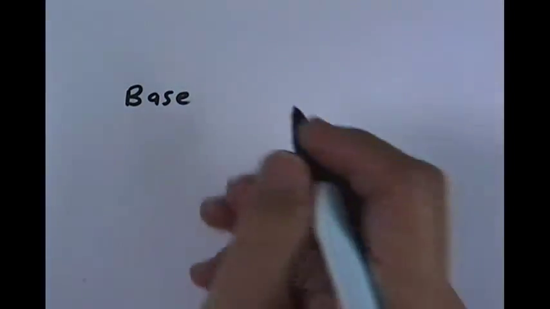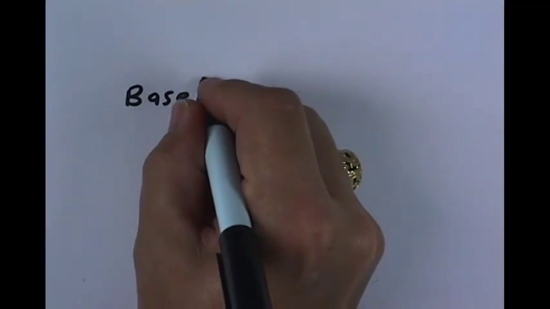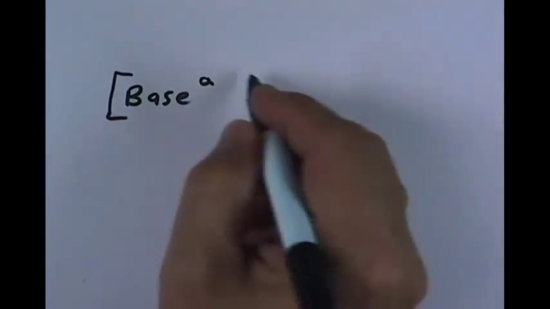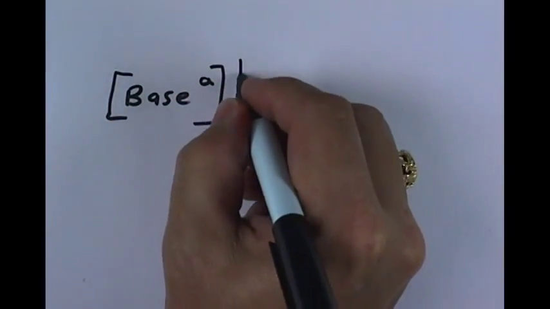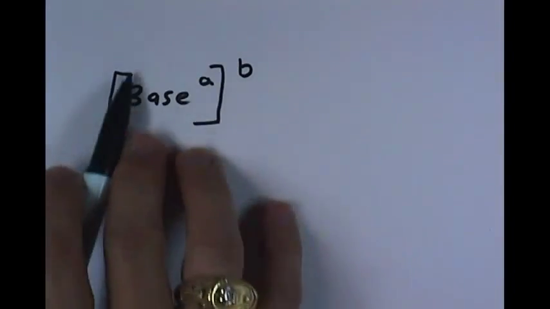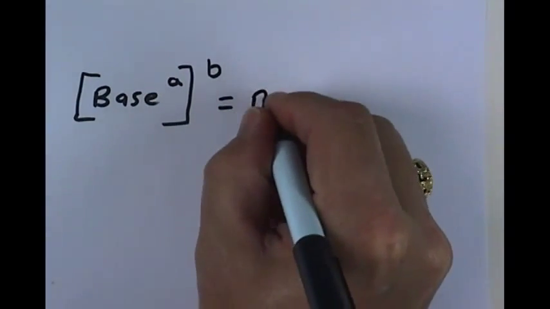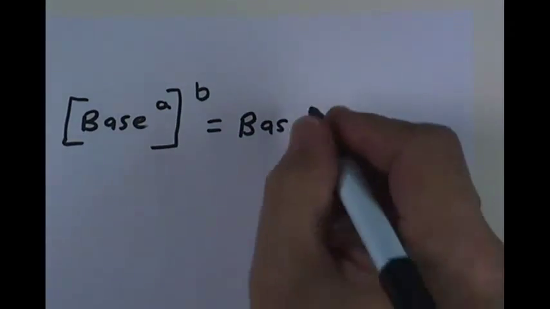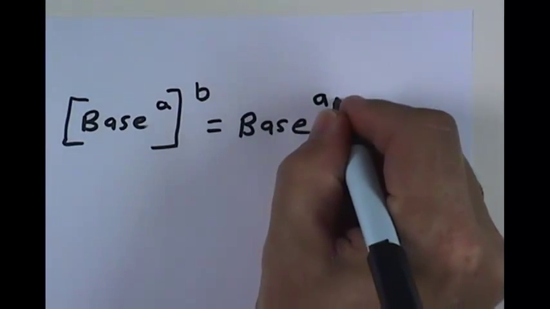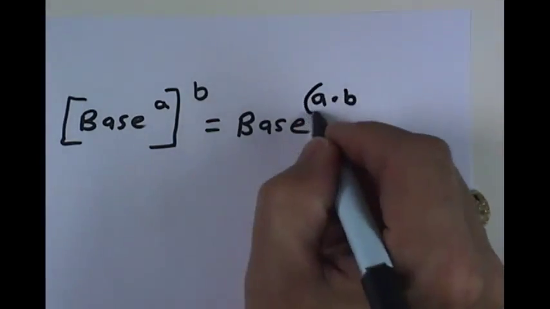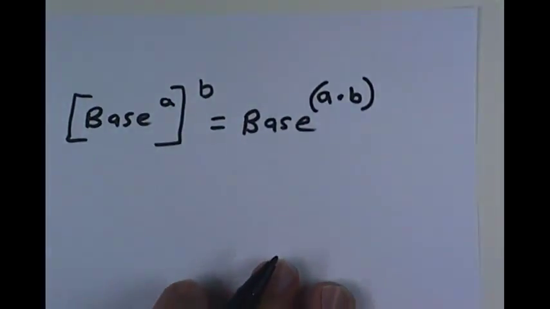If we have a base that is raised to a power, say a, and that is further raised to a power, say b, so we have the base raised to a power, and that is then raised to a power, then we multiply those exponents together, so that would be the same as the base raised to an exponent, the exponent being the product a times b.